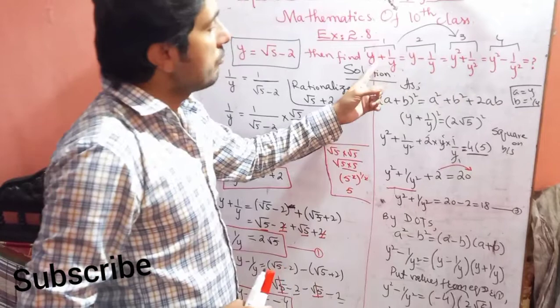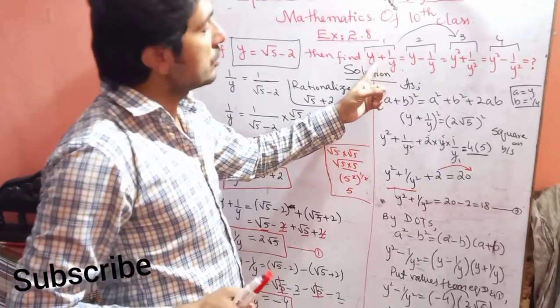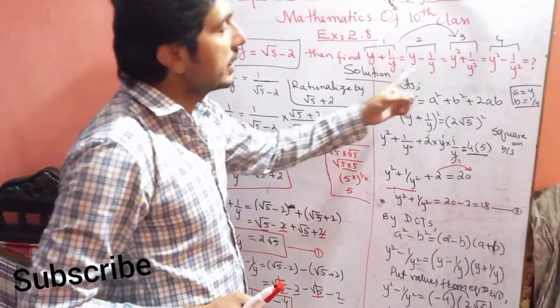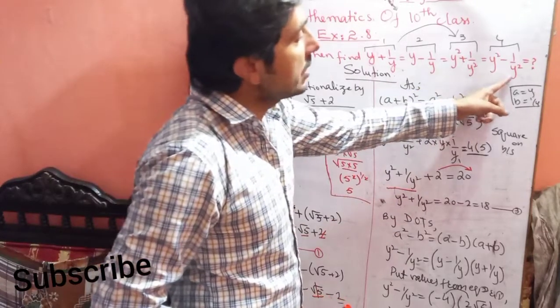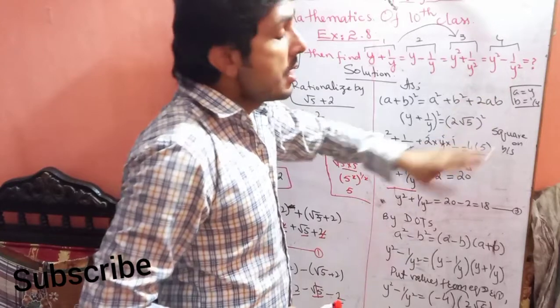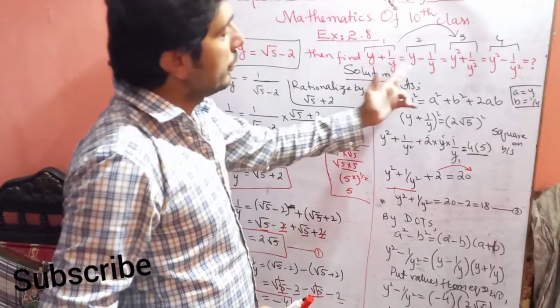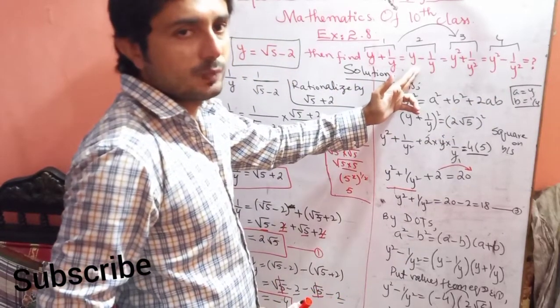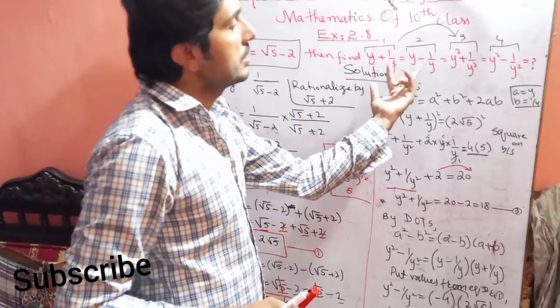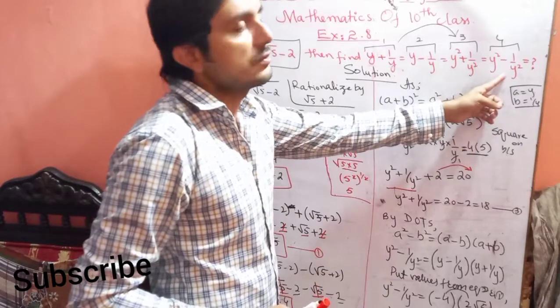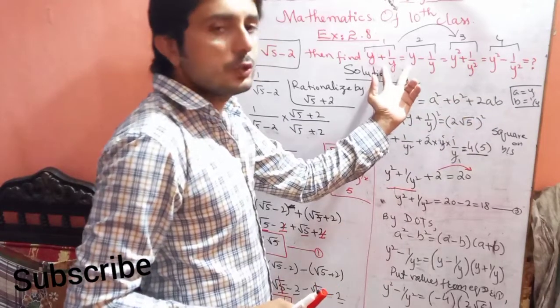You will just find y plus 1 upon y, and then you just do the squaring on both sides, and you will get this answer. But if y square minus 1 upon y square is asked, then you have to determine both steps at the start. Even if it is not asked to determine both, you have to determine both, because in y square minus 1 upon y square, they both will be used.